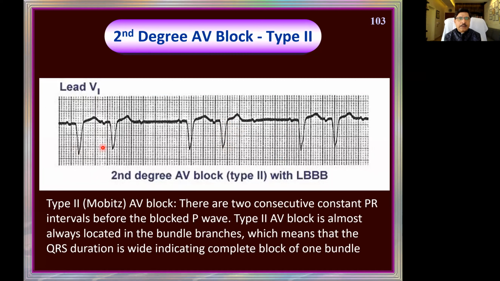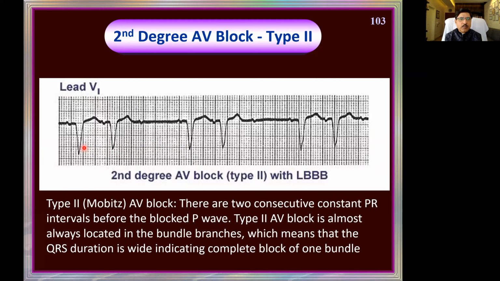Second thing is this RR, this RR, this RR are the same. There is no change. But this one is exactly double this one. So if you measure, this is let's say 1, 2, 3, 4, 5, 6 big squares. 6 into 0.2 is equal to 1.2.